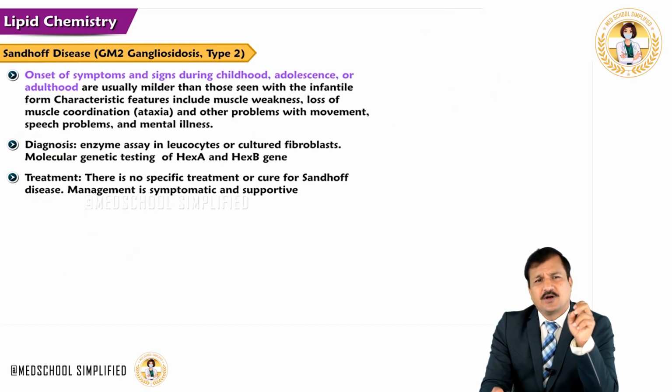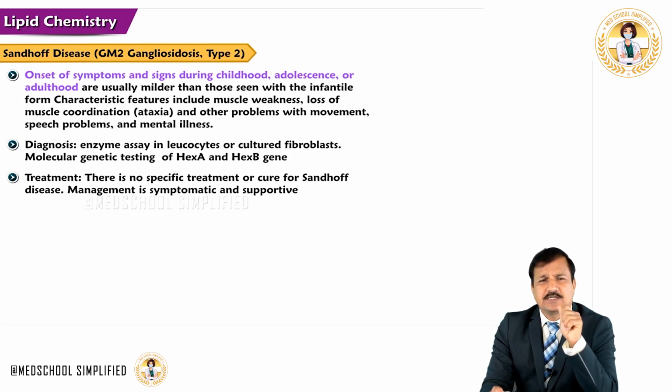The late onset form is usually milder than that seen in the infantile form in the previous slide. The late onset form of the disease includes presentation with muscle weakness, loss of muscle coordination like ataxia and other problems with movement, speech problems, and mental illness.